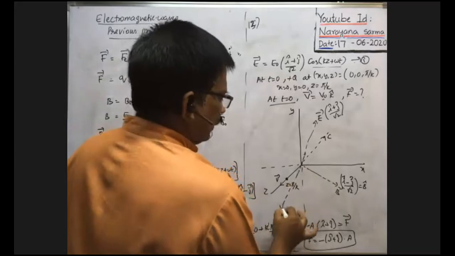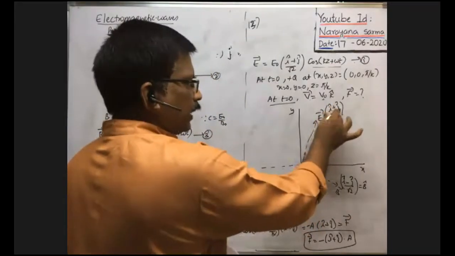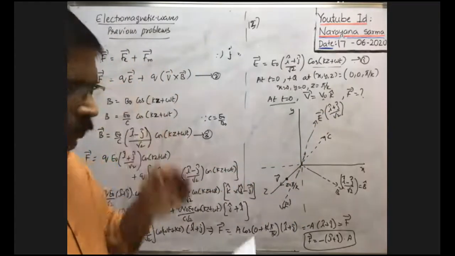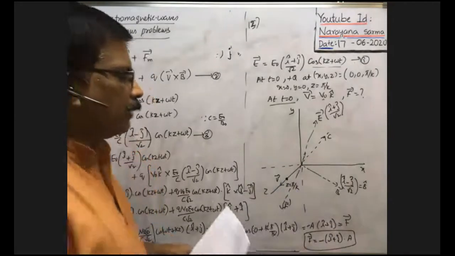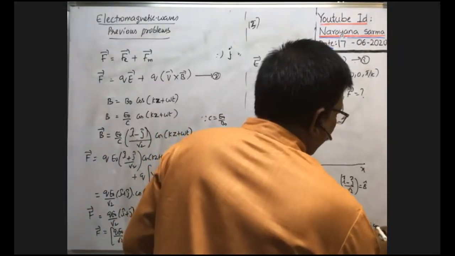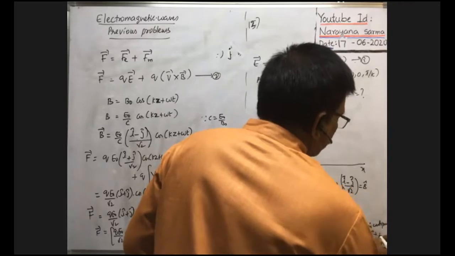That's why F bar acts opposite to this (i cap plus j cap) by root 2, or anti-parallel to (i cap plus j cap) by root 2. That's why the answer here is anti-parallel to (i cap plus j cap) by root 2.